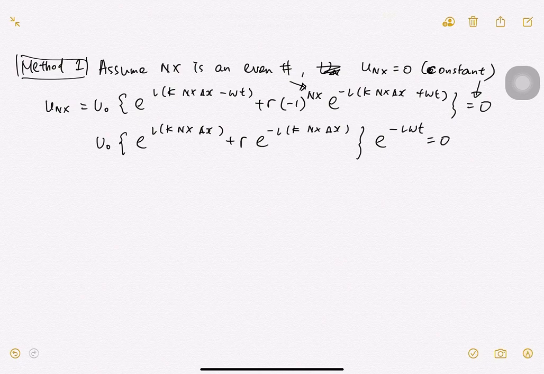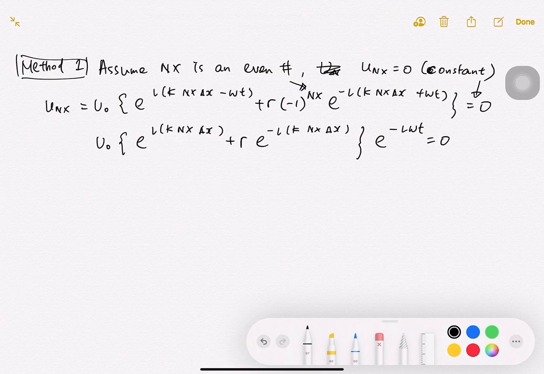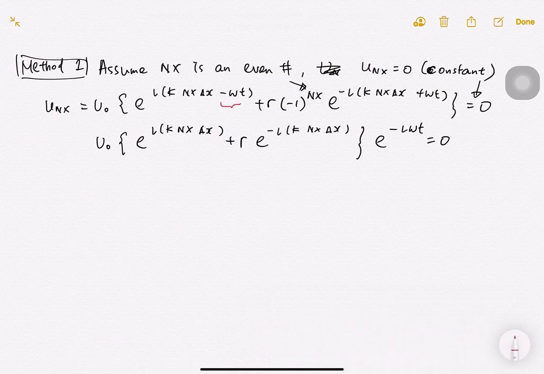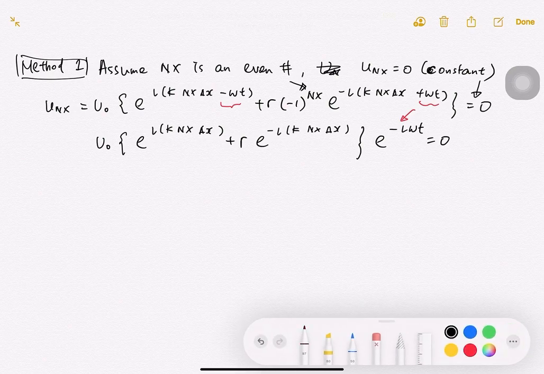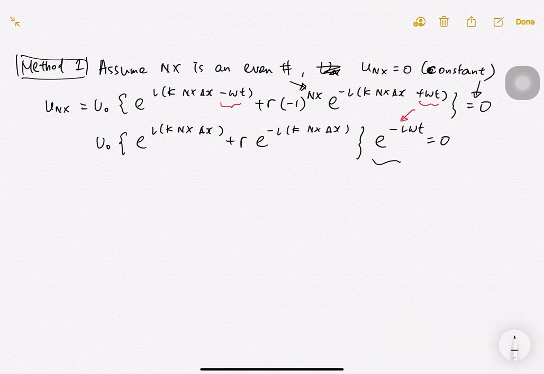So we have taken out the time term here. We know that this term is not equal to 0, which means that the other term should be equal to 0.